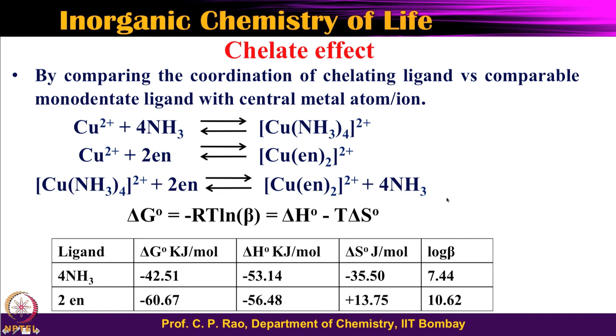Now, let us look a bit more carefully. Here what do you have? On the left side, you have one ion and 2 ethylene diamine molecules. Total particles are 1 plus 2, 3 particles here, and on this side you have 1 plus 4, 5 particles. So, 3 particles have turned into 5 particles. It is like a class having 20 people versus a class having 40 students.